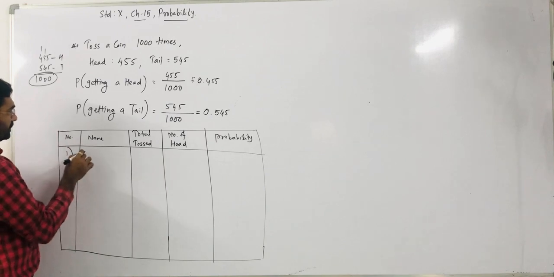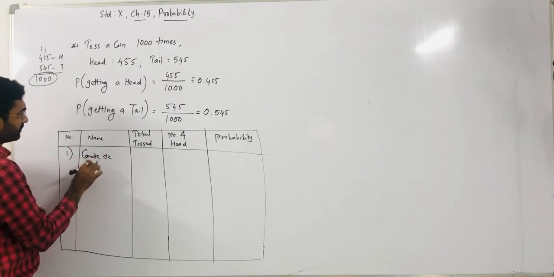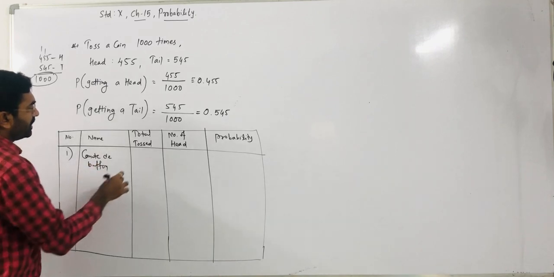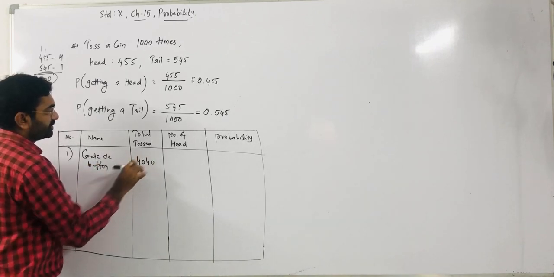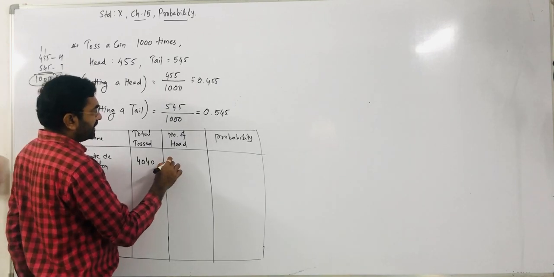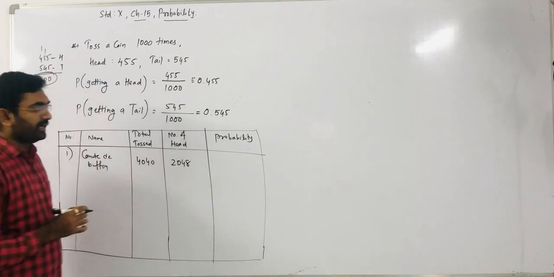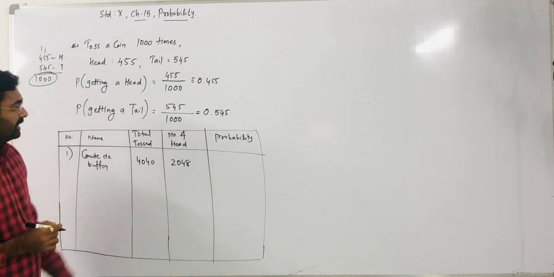The first one, for tossing a coin, is Ahmed D. Ghaffar. He tossed a coin 4,040 times. Out of that, he got the number of heads as 2,048.